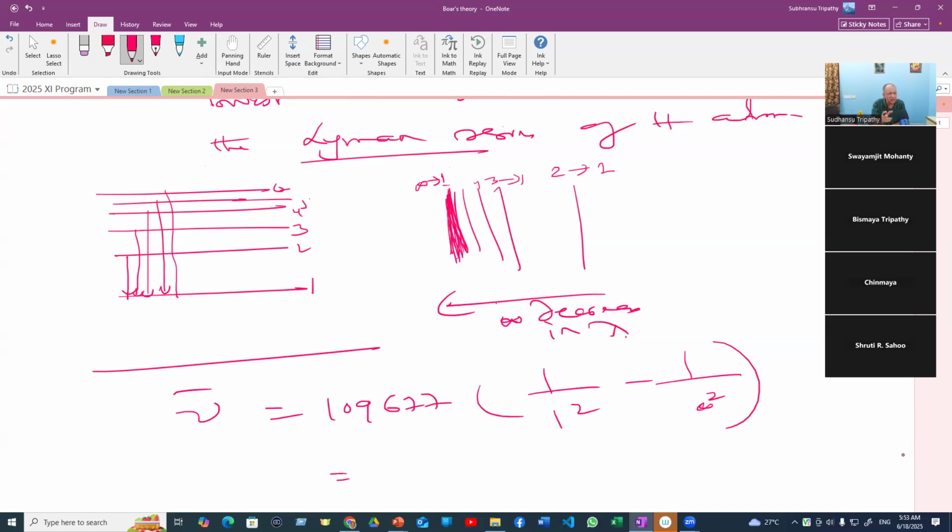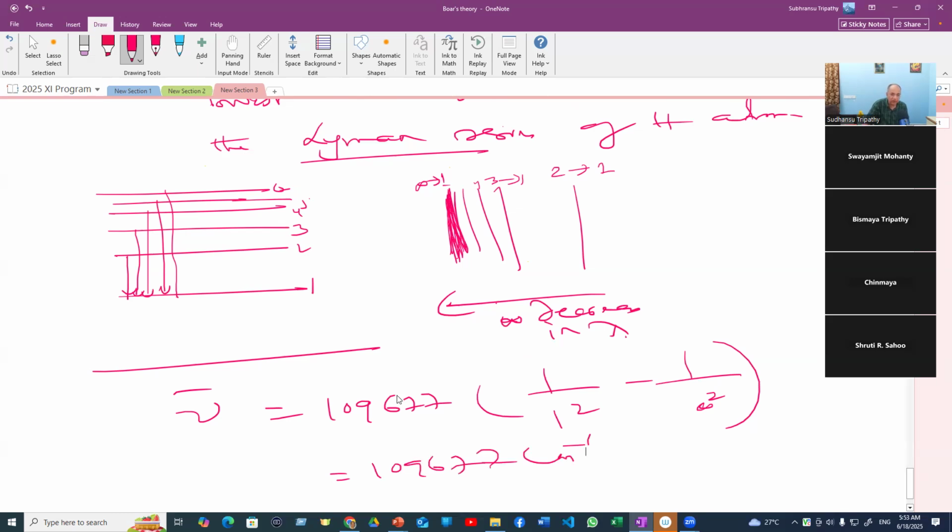By the K method, it will be simply K. So delta E is equal to K, that is 0 minus K, higher minus lower. By the K method or the Rydberg equation, the answer will be 109677 centimeter inverse.